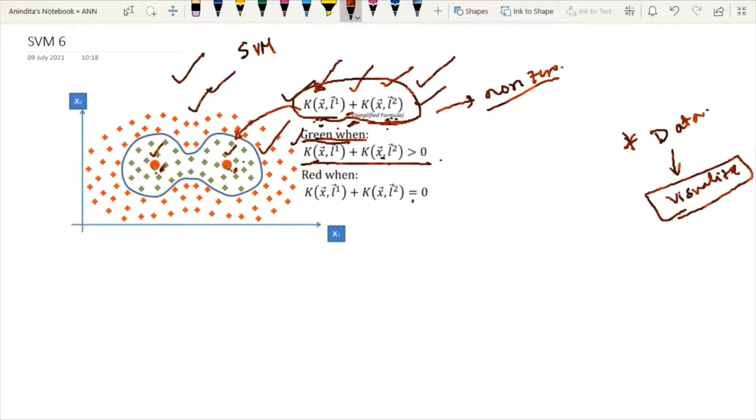Once you get a proper understanding with a proper data visualization, then you can identify what kind of kernel function we should use. And once you get the kernel function, you will get the proper decision boundary, and then automatically your data points will be classified.